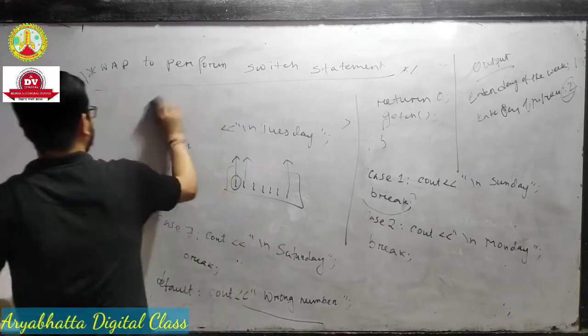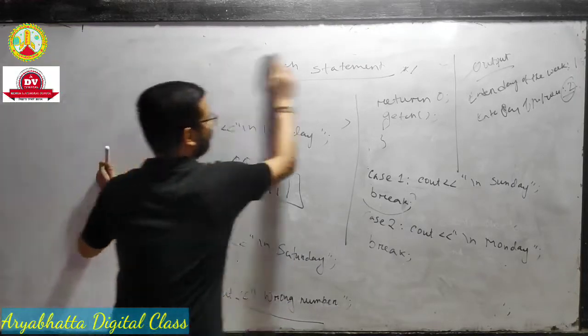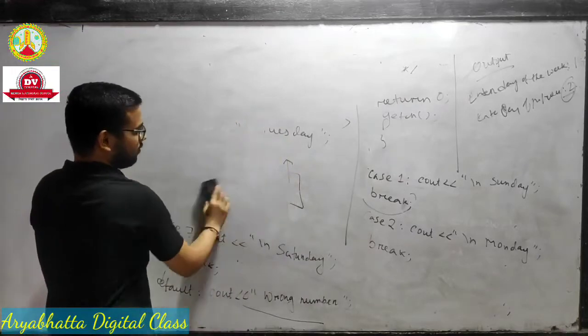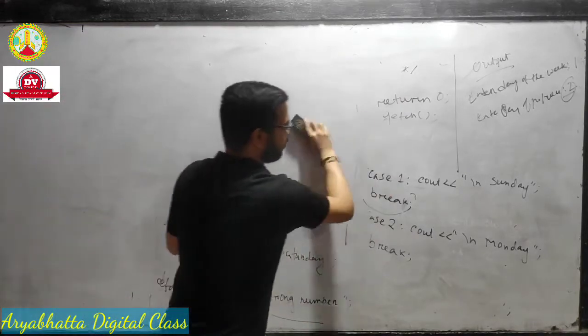Now we can write the for loop. I will teach you the for loop. In the previous class we already did while loop and do while loop.